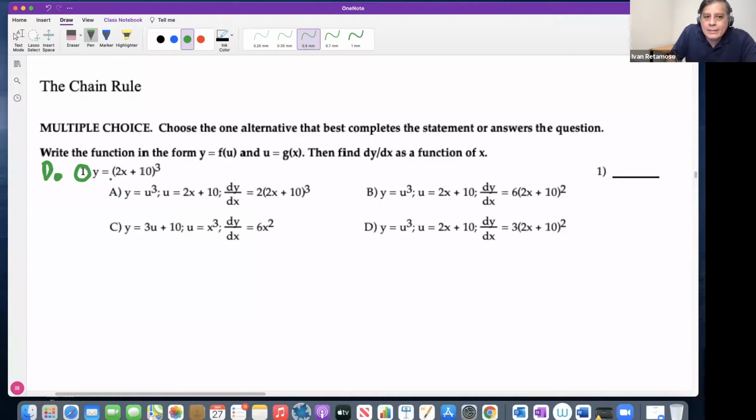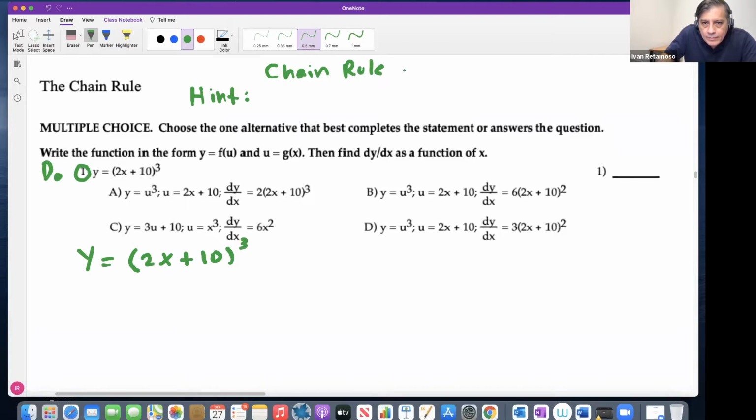Could you figure out the derivative of y equals twice x plus 10 raised to the third power, using the chain rule in its first form? Hint, chain rule form 1.